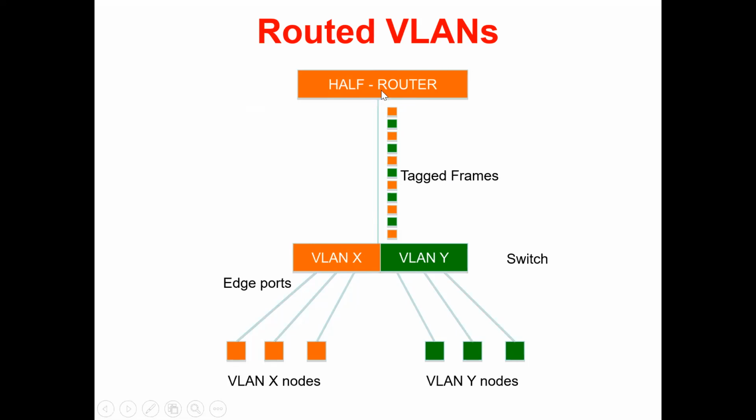We take a single port on the router, let's say the 0/0 port. We plug in this cable as normal, a straight through cable, and then maybe we use port number 1 as a trunk on the switch, and then we have tagged frames coming across.